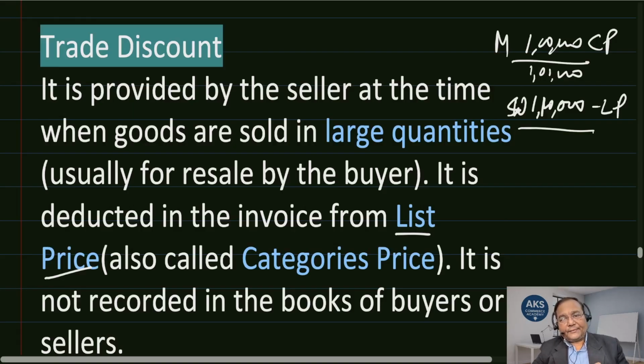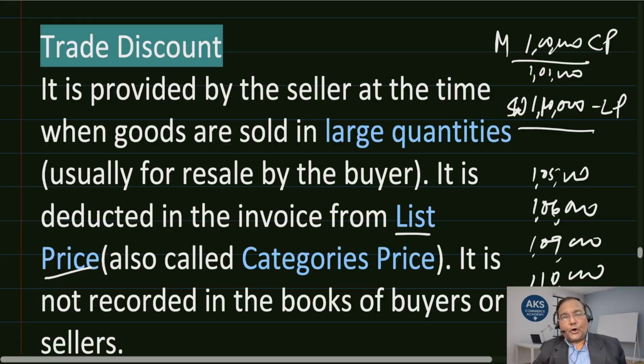Now he has the option to play with the margin. What is that play that he does? He may sell it for 1,05,000, or 1,06,000, or 1,09,000, or even 1,10,000. But in order to beat the competition and have a good price at which he can sell to the market, the price should be competitive.